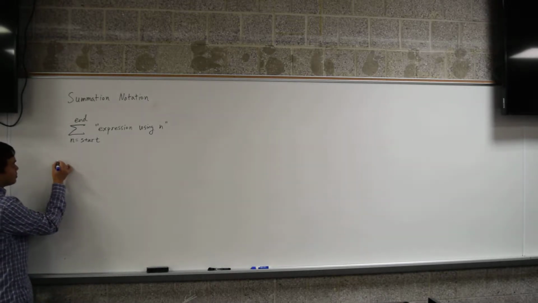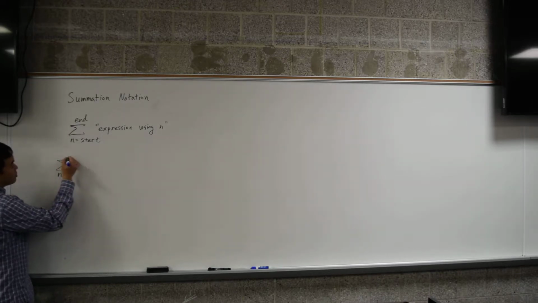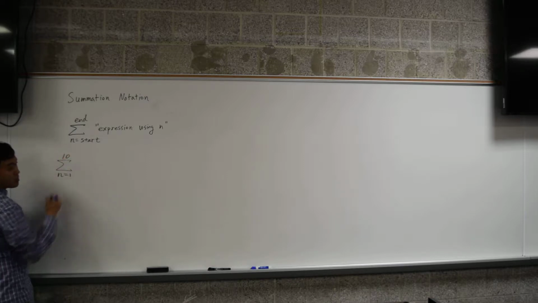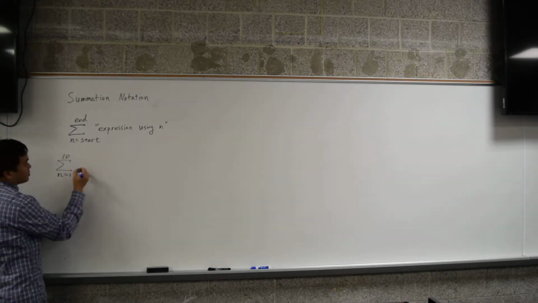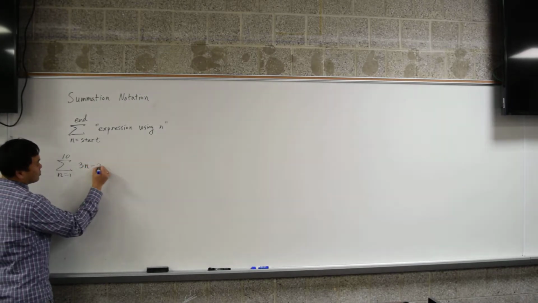An example is, let's say you have sigma, n equals 1 through 10, of 3n minus 2.